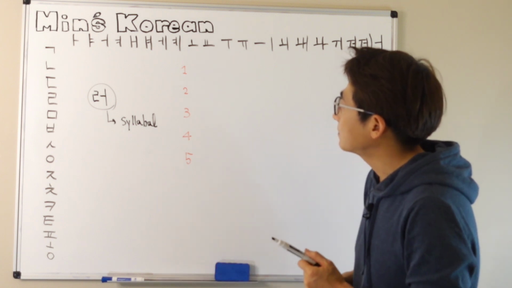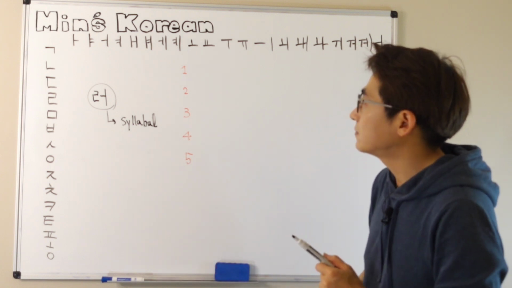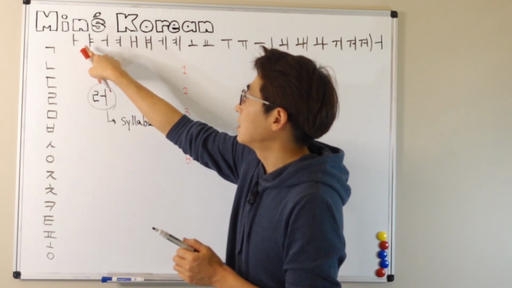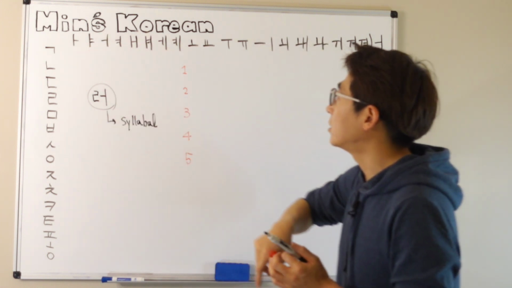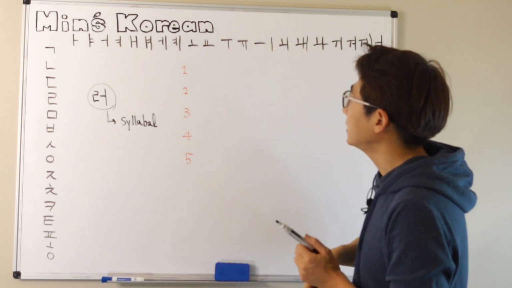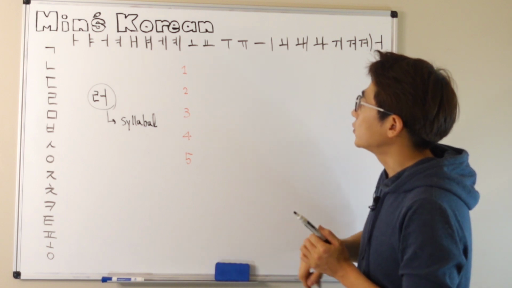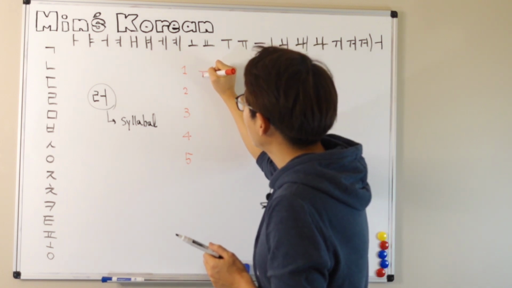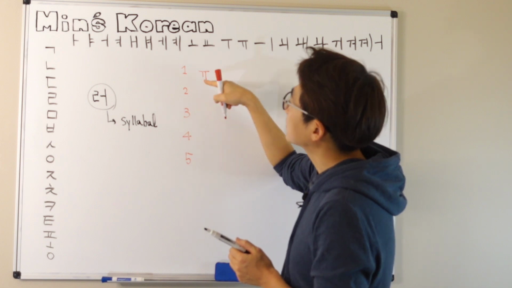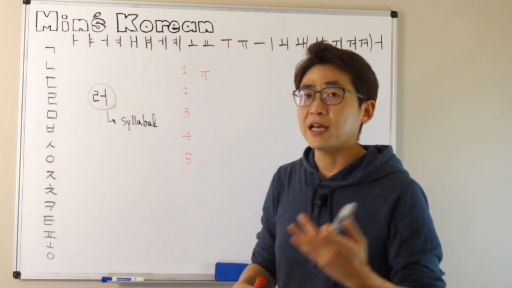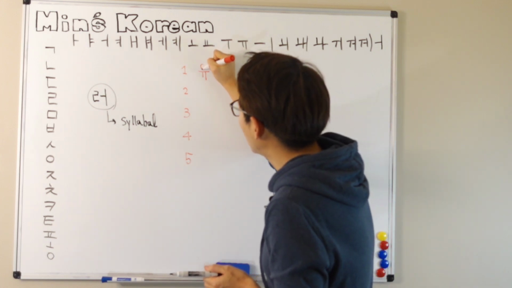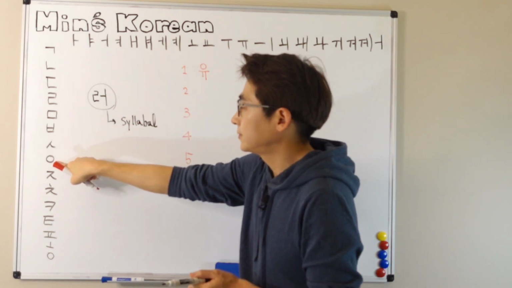The first type of combination is just the vowel sound. For example, a, ya, o, yo, u, or even yu, or wi. Alright? So when we write a vowel sound like "o," we don't just write the vowel symbol. We have to write a consonant, and for that purpose only, we write iung.